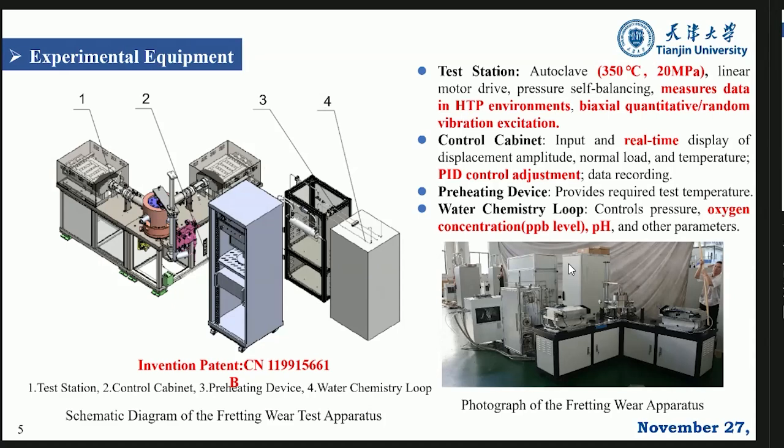We use PID control, and use sensors to follow the displacement, the normal force, and the tangential force, so we can control and record them. Finally, we have the water chemistry loop. We can control the oxygen concentration even to ppb level, which is very useful for simulating the real case.